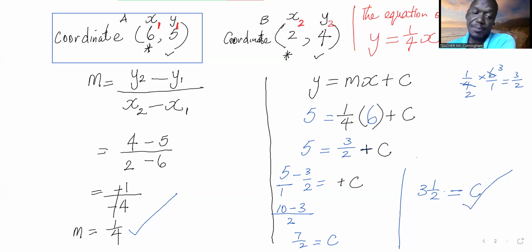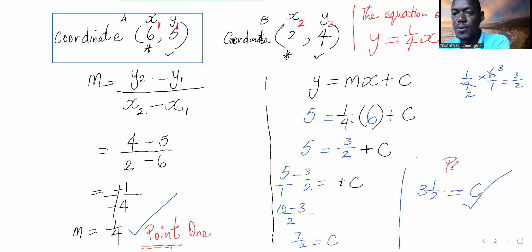Okay, I know this was a lot, but I'm just going to put point 1. The first thing we did was find the gradient. The second thing we did was find C, point 2.